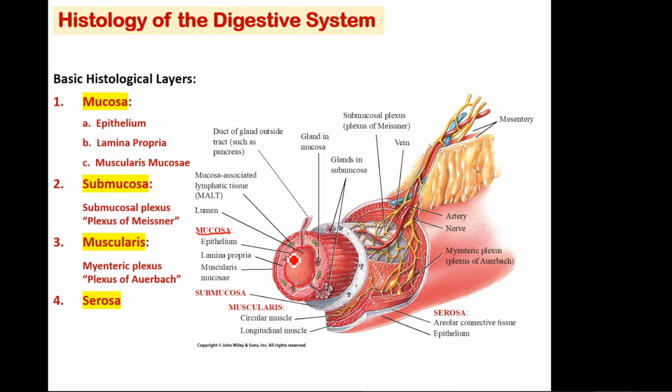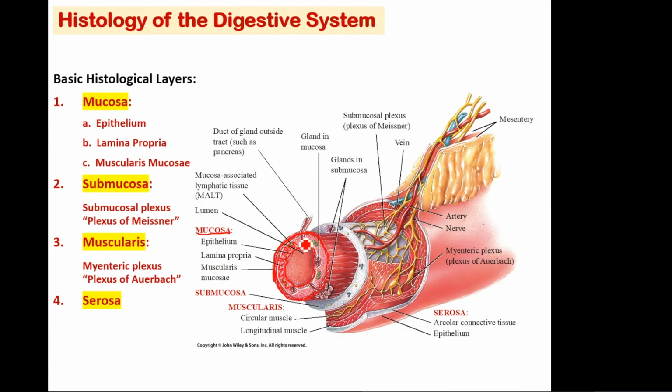This epithelium is supported by a lamina propria that you see here. And the lamina propria is supported as well by a very thin smooth muscle layer known as muscularis mucosa that you see here. So let me just show you these parts, and I will talk more about these structures.